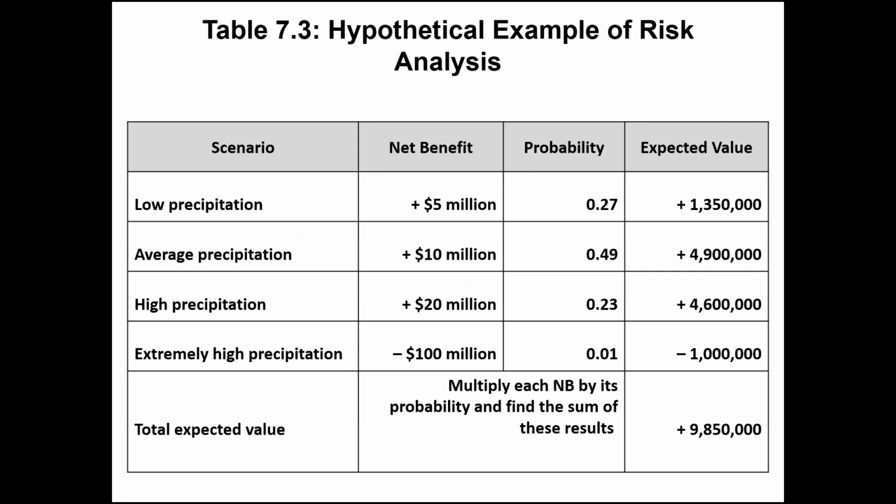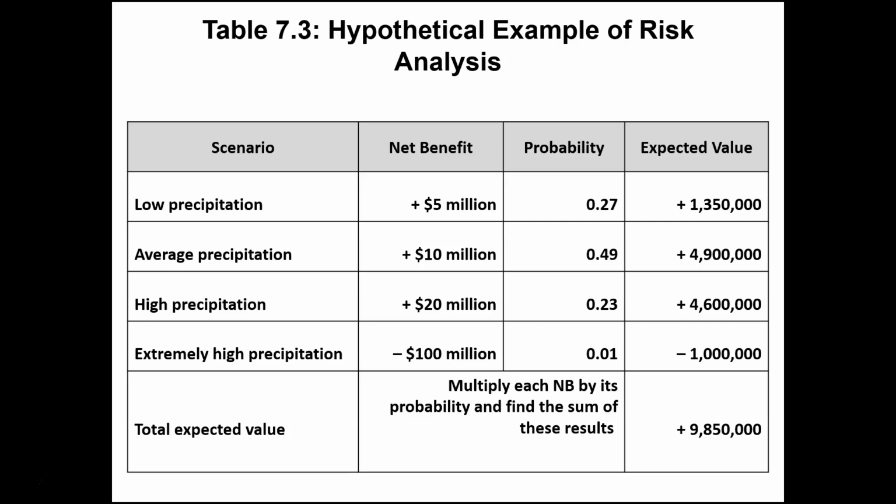Then, when we're thinking about cost benefit analysis, there are certain costs or benefits that we're not sure if they will happen. It's a possible cost, it's a possible benefit. So, if you think about this example, this table shows numbers for building a dam. And the costs and benefits of that dam are different depending on how much rain we get.